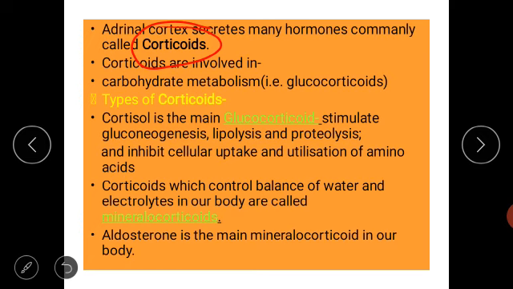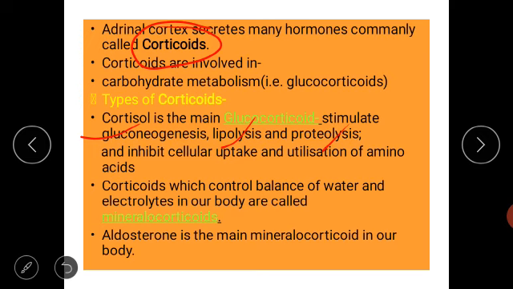So first, cortisol is the main glucocorticoid hormone, which stimulates gluconeogenesis, lipolysis and proteolysis. It means it acts upon carbohydrates, fats and proteins.